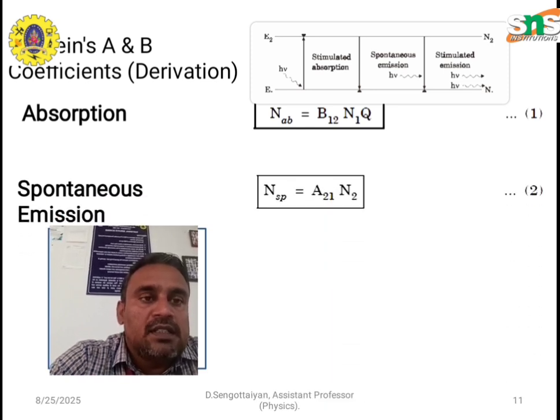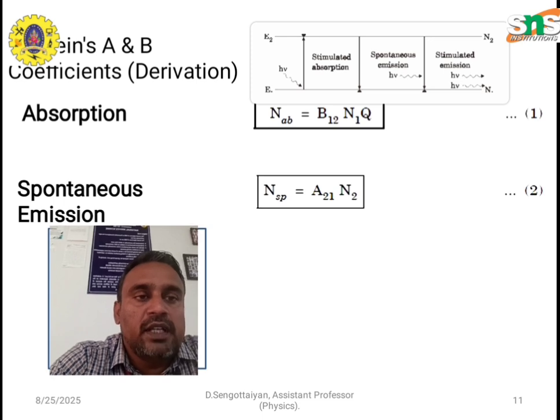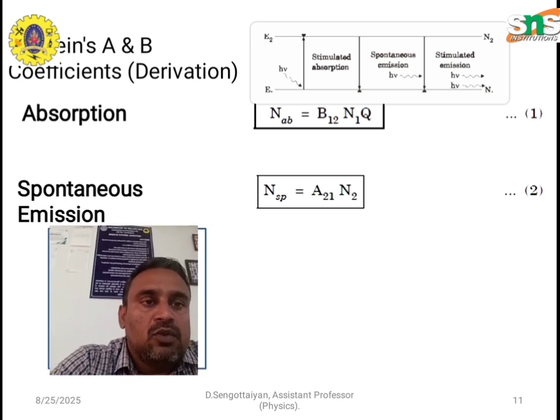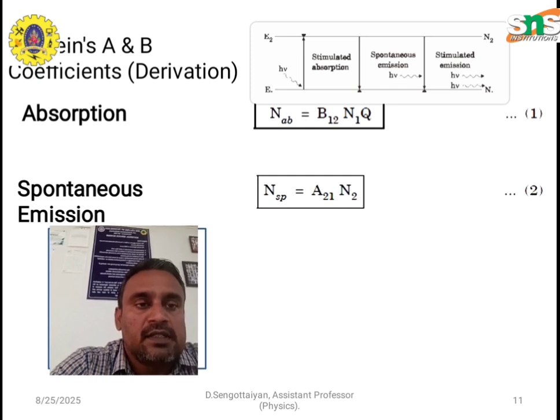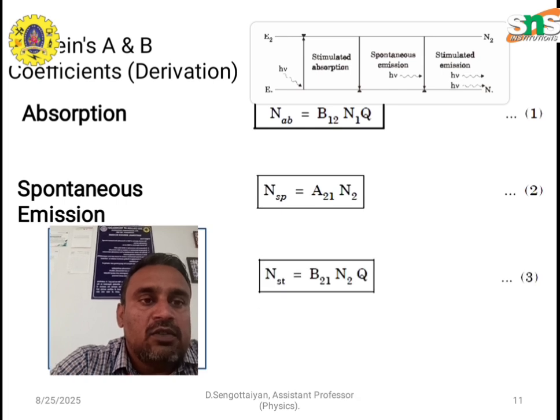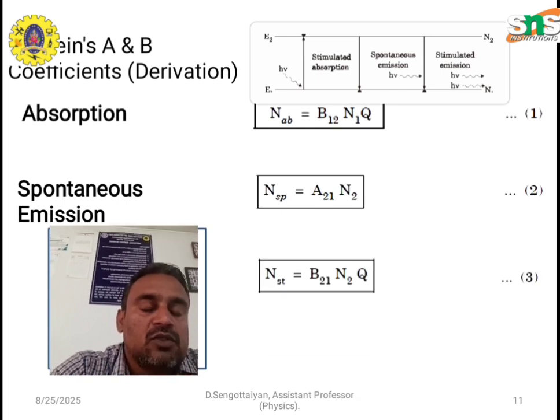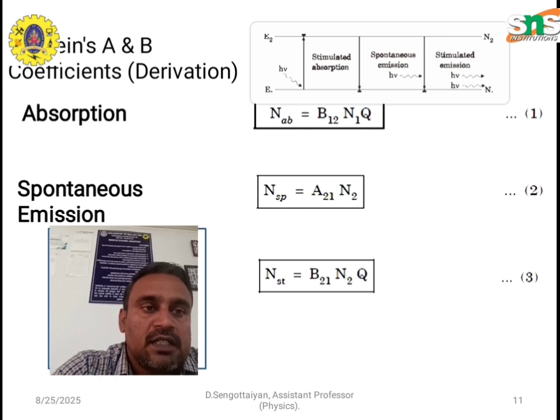Then spontaneous emission: N spontaneous is A21 N2, where A21 is the Einstein coefficient for atoms moving from the second state to the ground state, and N2 is the number of atoms in the excited state. Here no external energy or force is required for atoms moving from the excited state to the ground state, that means spontaneous work. Finally the third one is stimulated emission: N stimulated is B21 N2 Q, with the Einstein coefficient B21, the number of atoms in the excited state, and the incident energy.